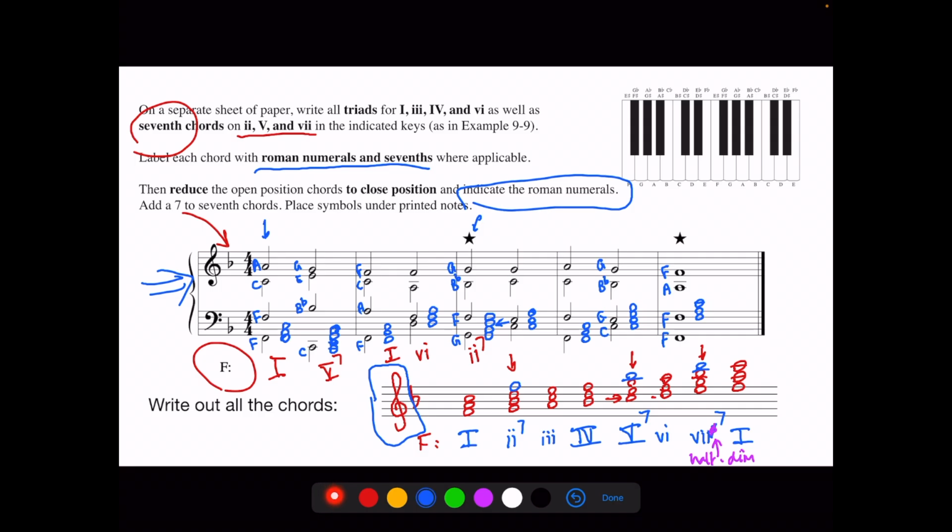But know that they're not always going to be 7th chords. They can be 7th chords, but if you only have the bottom 3 notes, like here, you only have C, E, and G, that means this is still just a normal triad, the 5 chord.